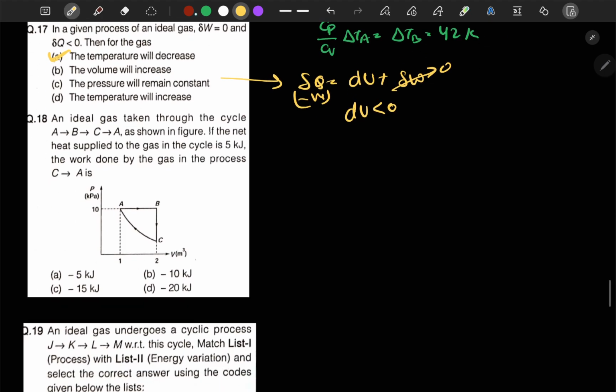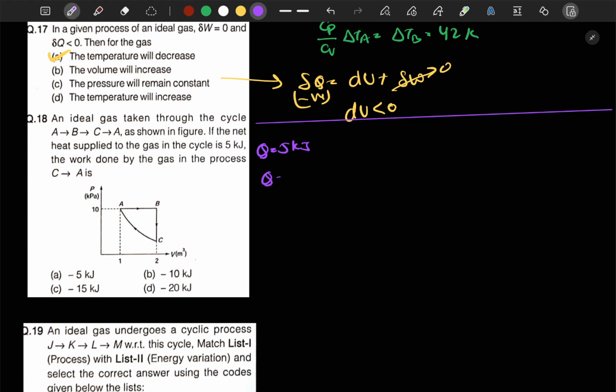Next, in question number 18, it is mentioned that an ideal gas is taken through the cycle ABCA, as shown in the figure. The net heat supplied to the cycle is equal to 5 kilojoule. Then we have to find the work done by the gas in the process.